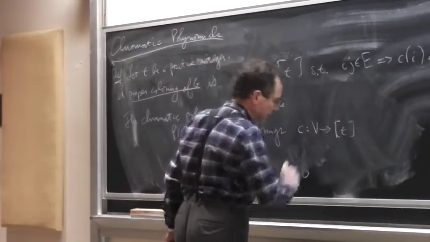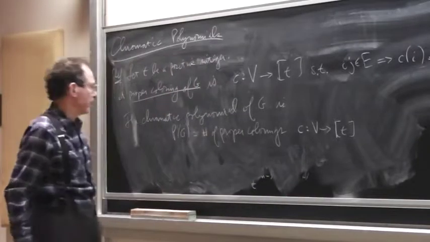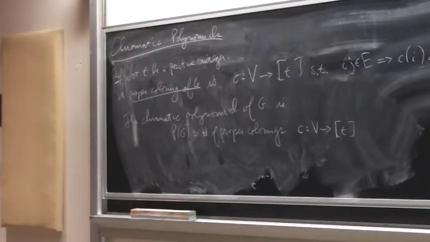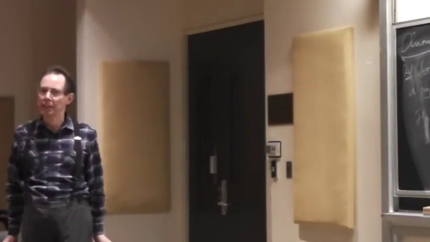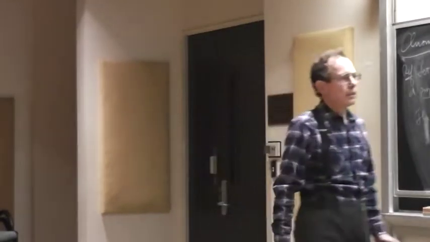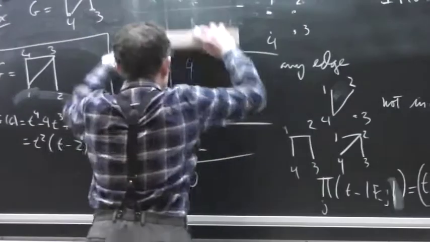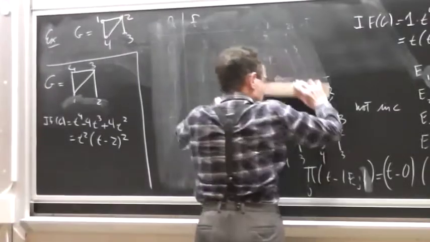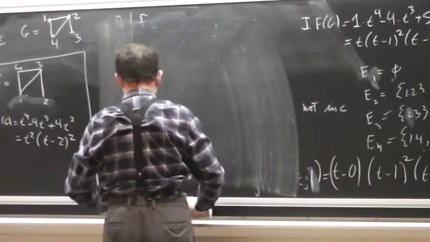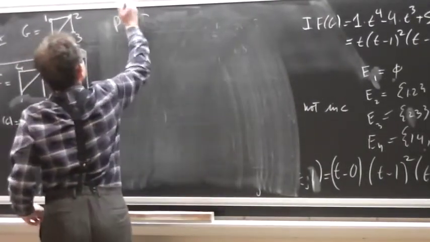Notice this also depends upon t, obviously, even though it doesn't show up in the notation. And from this definition, it's weird to be calling it a polynomial, but let's compute an example. So what is P of G here?